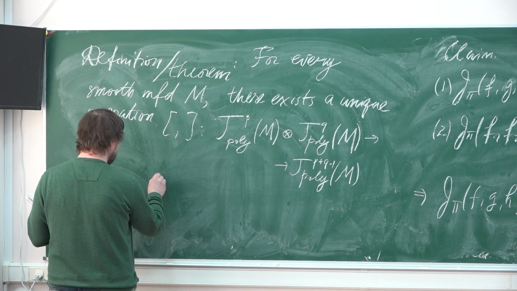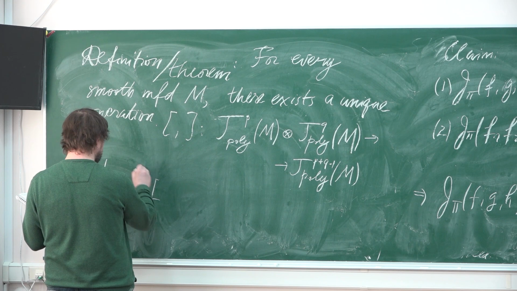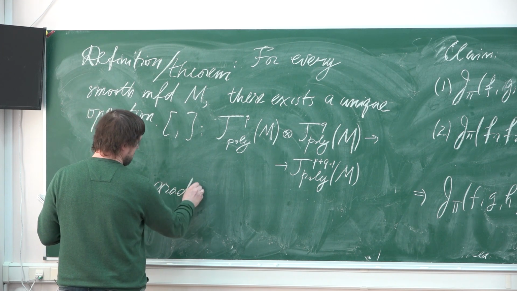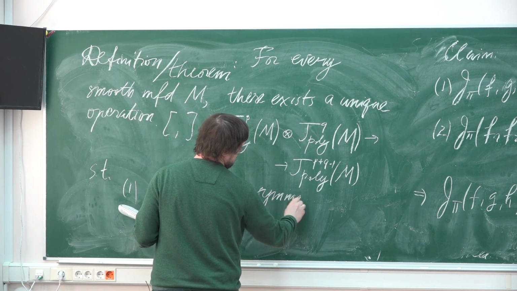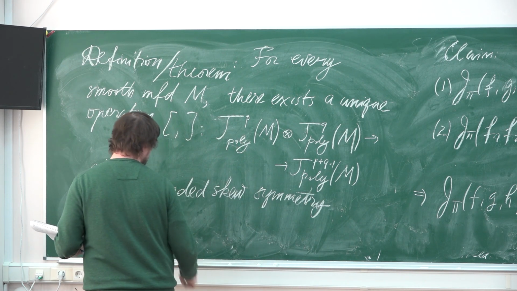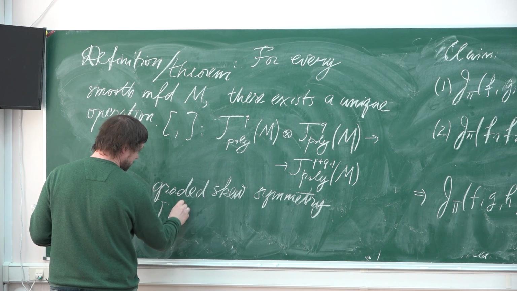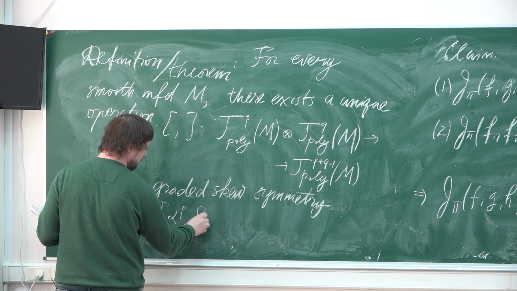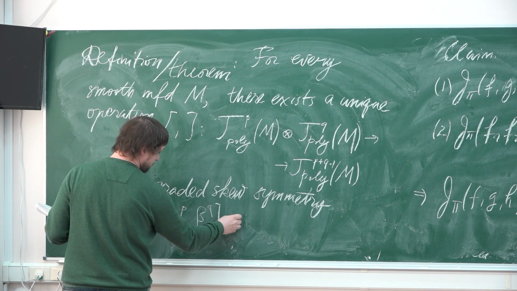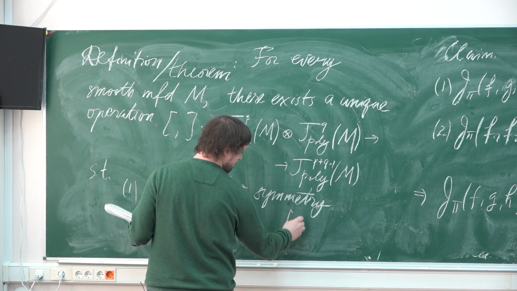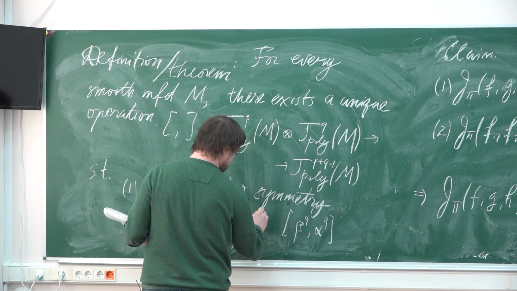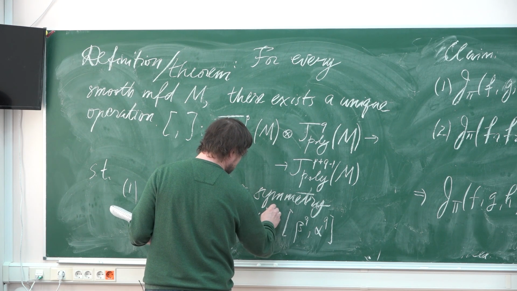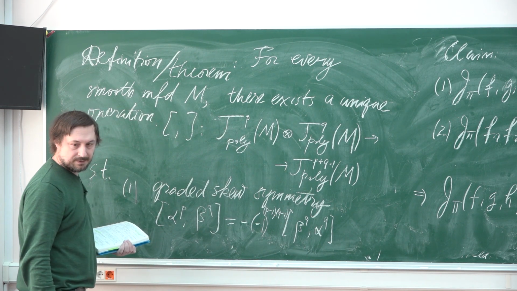So first we have the graded skew symmetry. That is to say, if you have a P field alpha and a Q field beta, then the bracket of beta and alpha will differ by the sign equal to -1 to the power (P minus 1)(Q minus 1), and a minus in front of it.